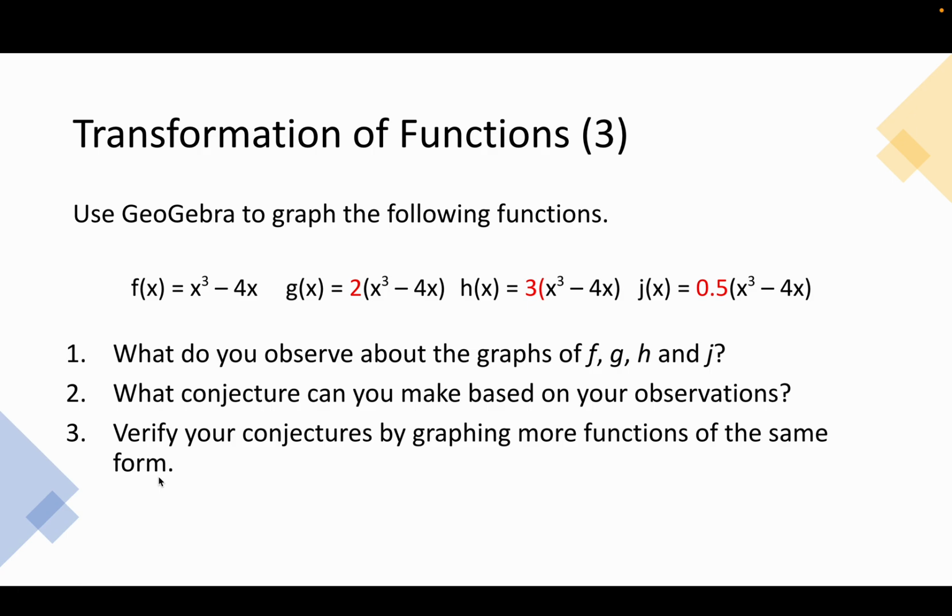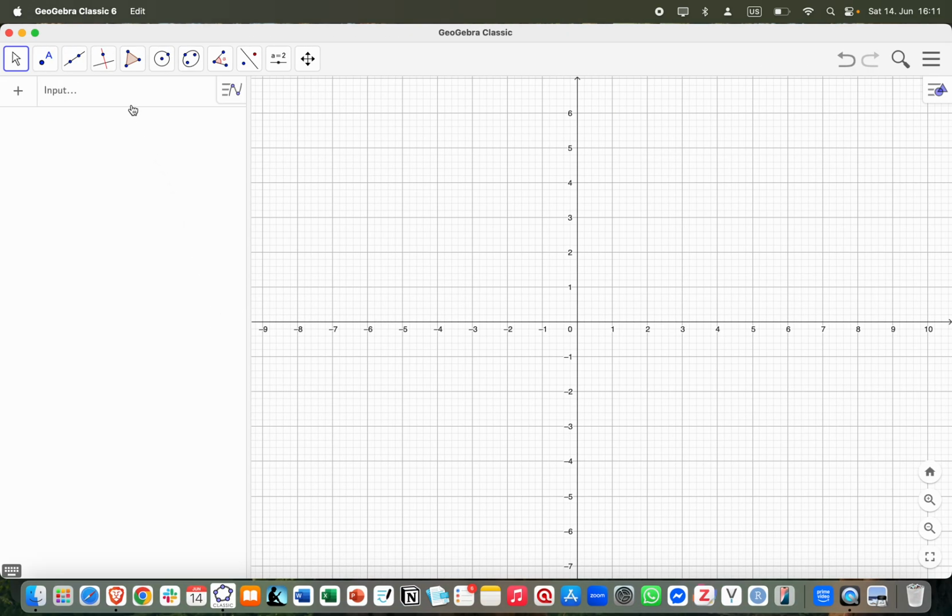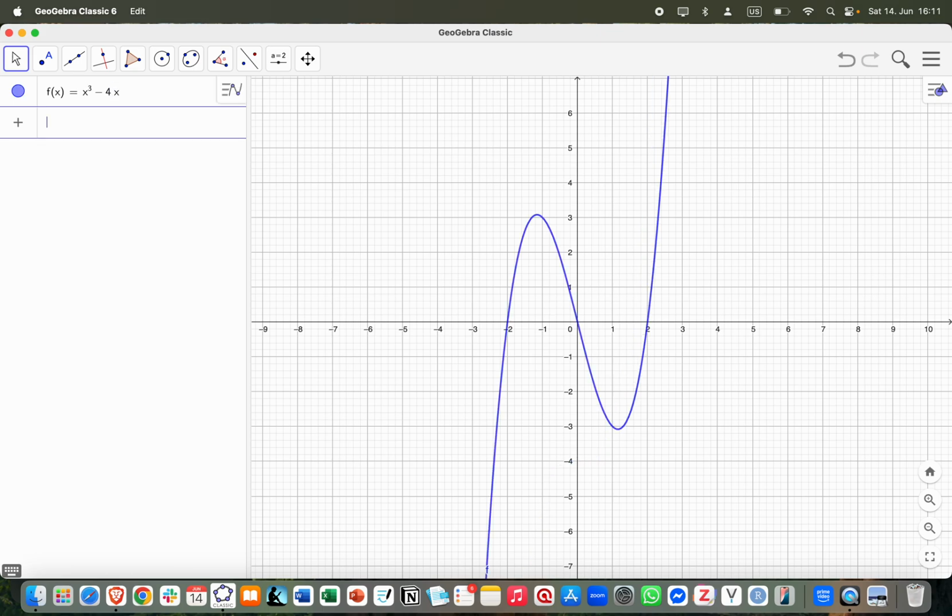Okay, so let's try graphing first f of x equals x cubed minus 4x. And then the second function is g of x equals 2 times quantity x cubed minus 4x.